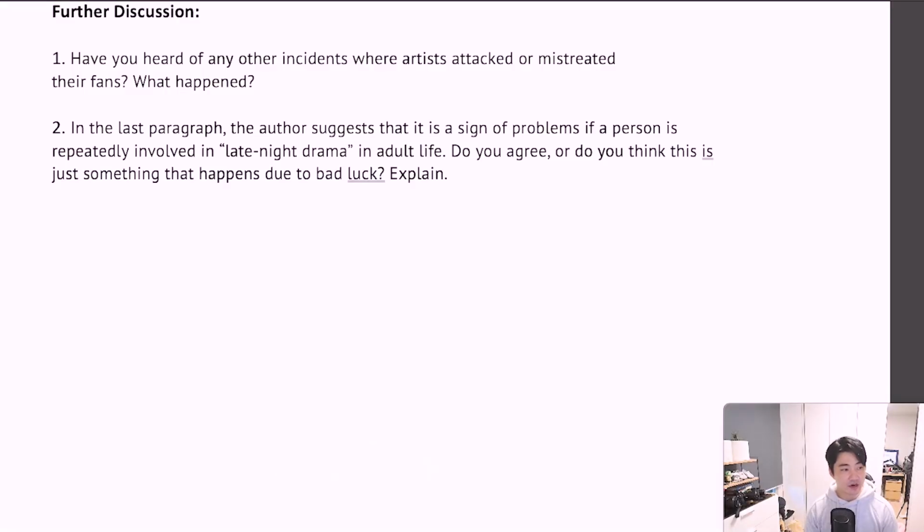Number 2. In the last paragraph, the author suggests that it is a sign of problems if a person is repeatedly involved in late-night drama in adult life. Do you agree? Or do you think this is just something that happens due to bad luck?